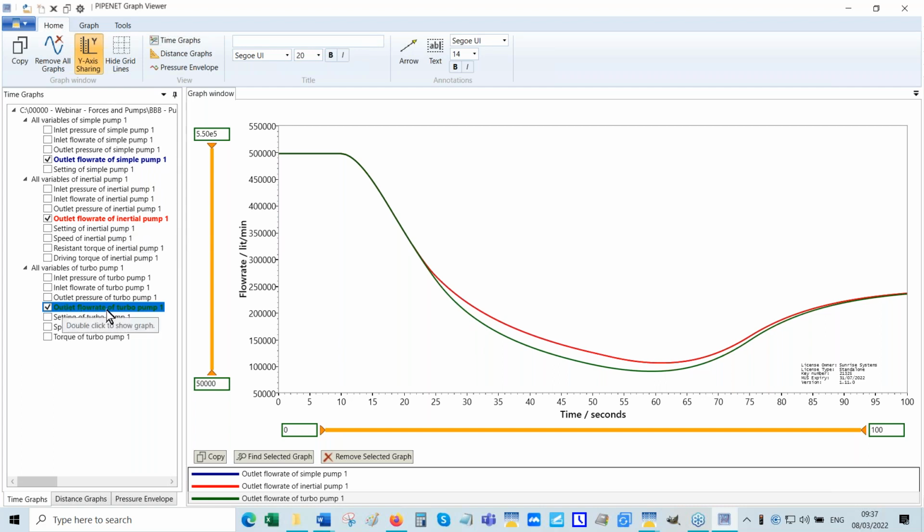So for the turbo pump, the pump performance curve was calculated quite differently. So you would expect some differences. So you can see that.